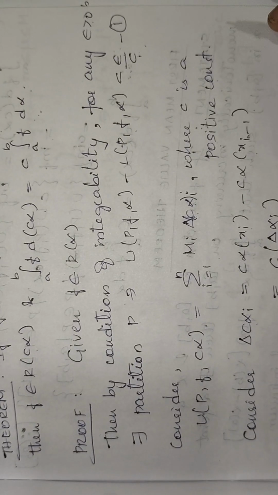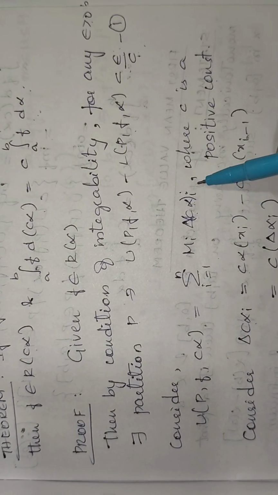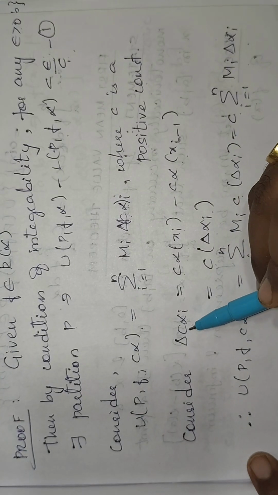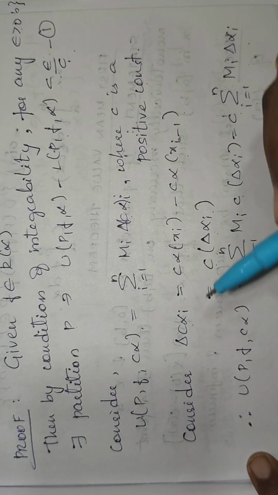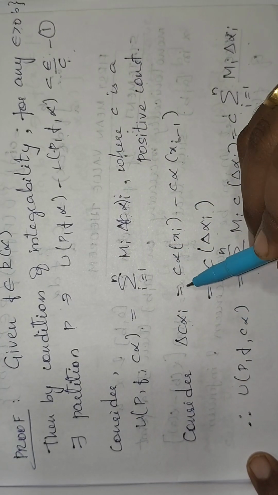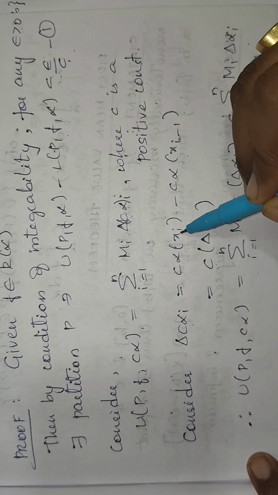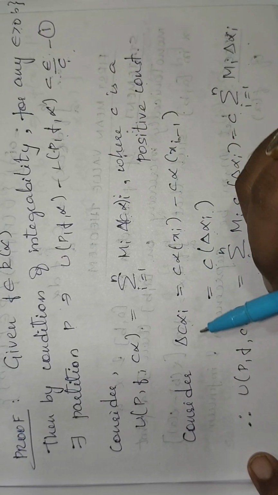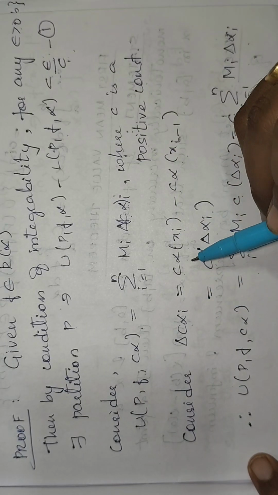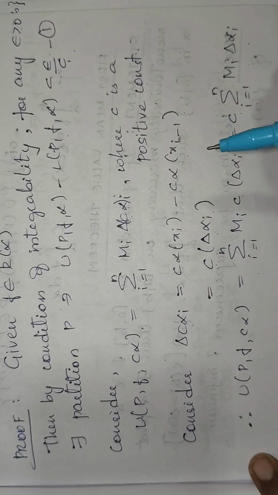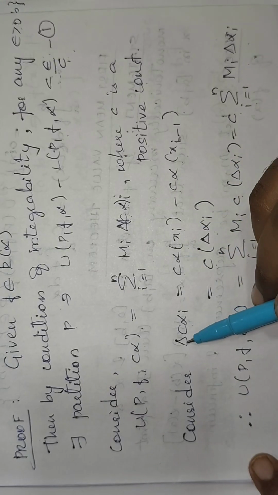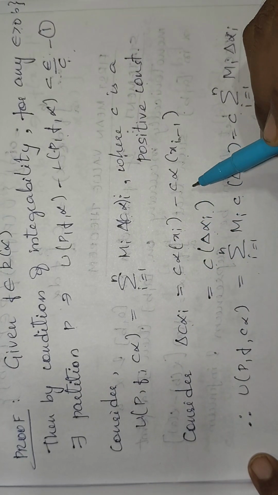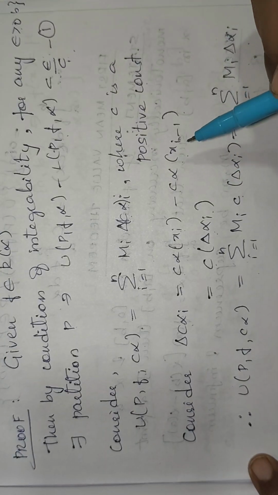Now let's find what this delta c alpha i is. According to the definition, delta c alpha i is c alpha xi minus c alpha xi minus 1, because delta alpha i is alpha xi minus alpha xi minus 1. Therefore delta c alpha i will be c into alpha xi minus c into alpha xi minus 1.